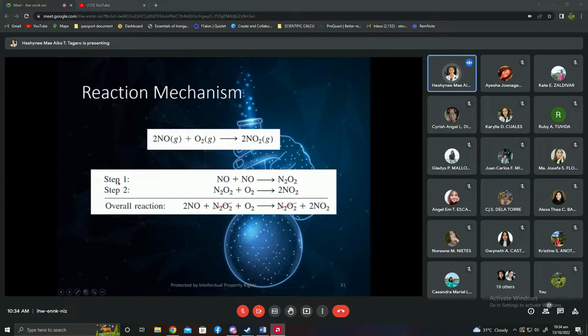So from the overall reaction here, as you can see, your N2O2, yes, it's included here, but it's canceled out because your N2O2 is an intermediate. Therefore, it does not appear in the overall balanced equation. However, it does appear in the elementary steps here, but it should not be included in the overall balanced equation.